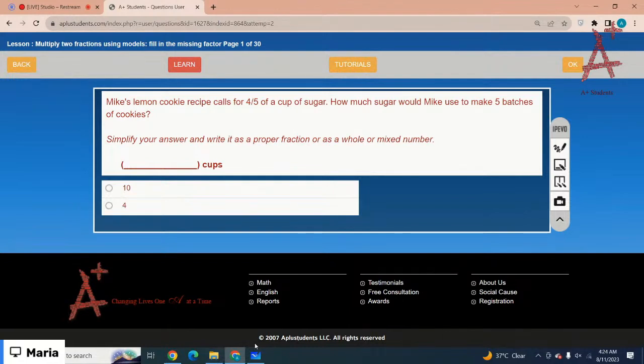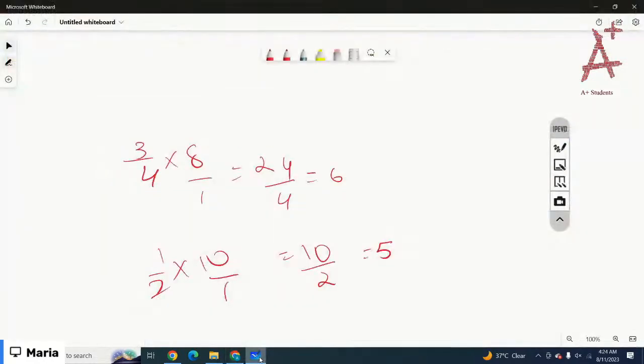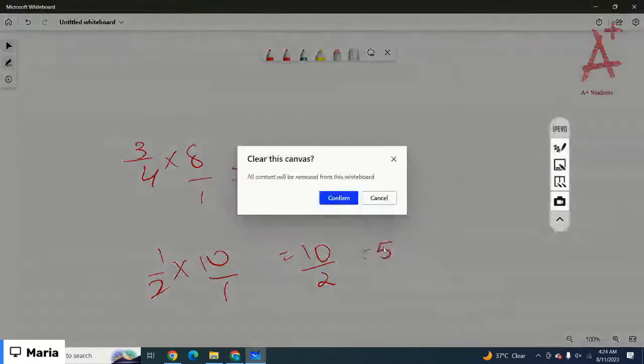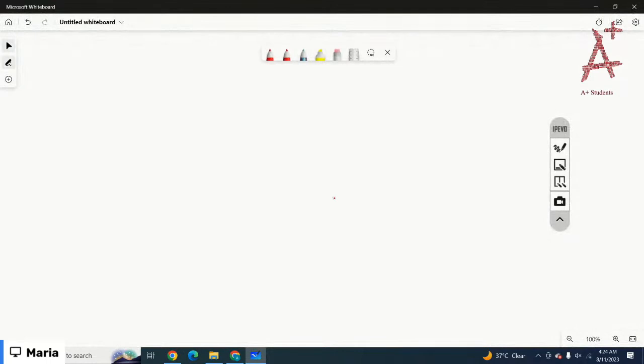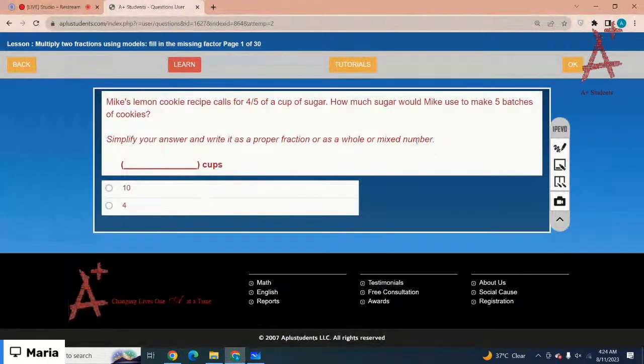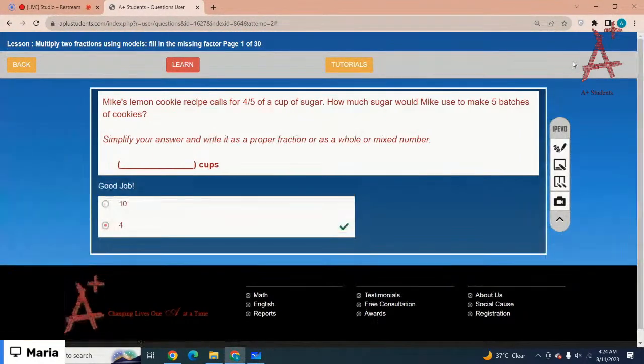You have to do 4/5 times 5, right? 5 times 1 is 5 and you're left with 4. So the correct option is 4.